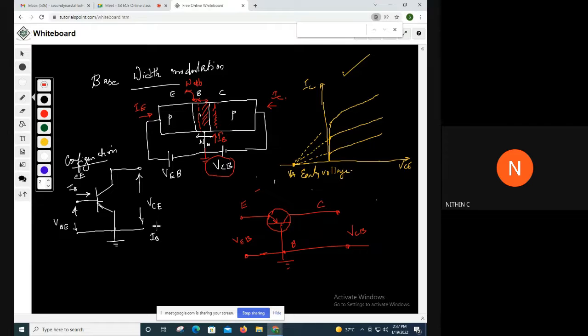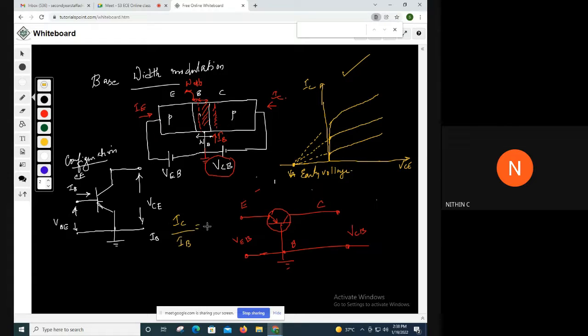Current gain means output current divided by input current, that is all current gain is. In the common emitter case, this is the output section, so the output current will be IC, and the input current is IB.